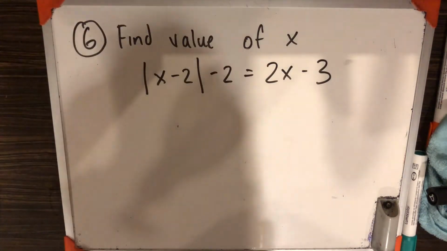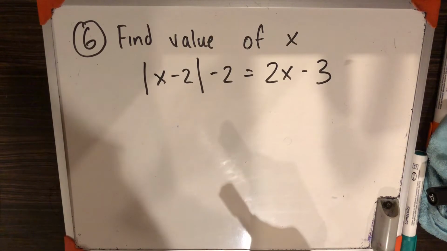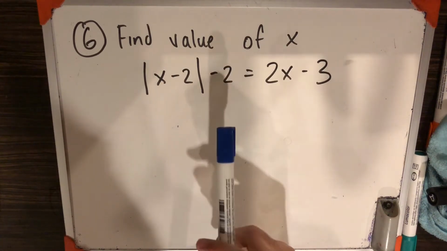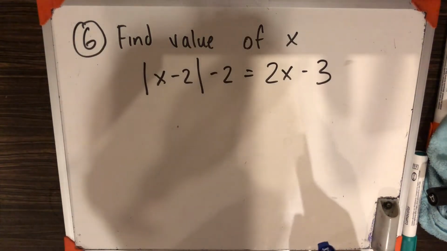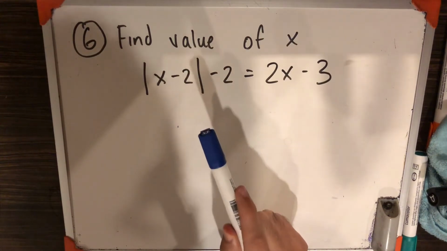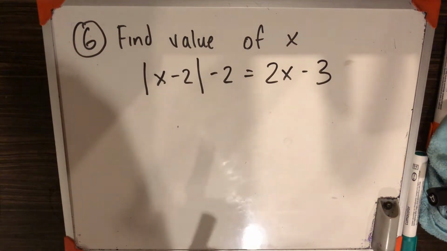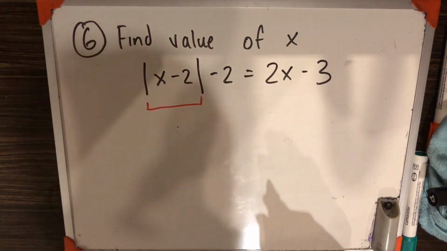All right, number 6. Find the value of x. Well, this problem comes up in number 7 as well, right? So our answer for number 6 should also match up with our answer for number 7. Now, when you're doing absolute value equations, you should remember that your absolute value has to be by itself.